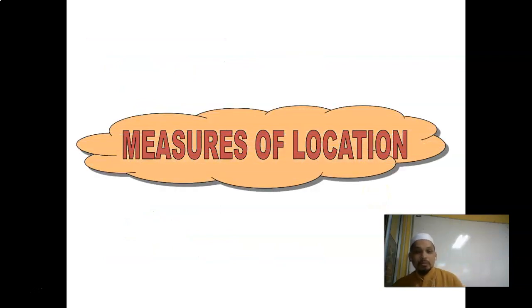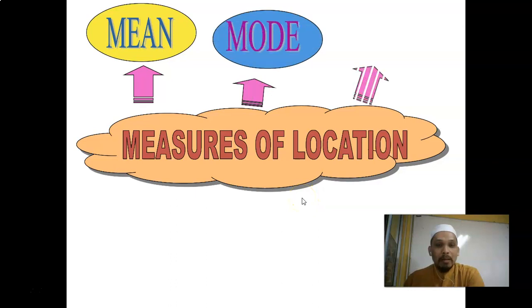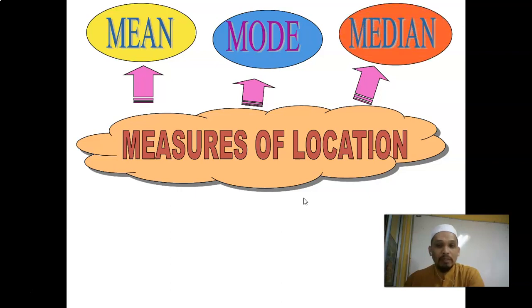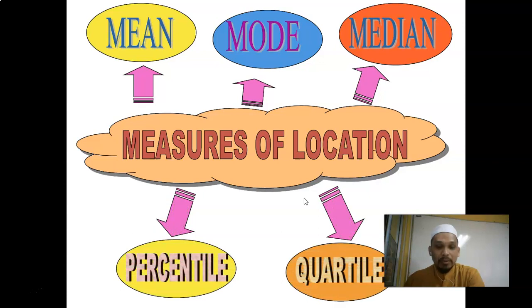So we look into the first part, the introduction and discussion of mode, median, mean, deciles and percentiles. We're going to look into the definition of mode, median, percentile, and quartile. Quartile is from the root word quarter.